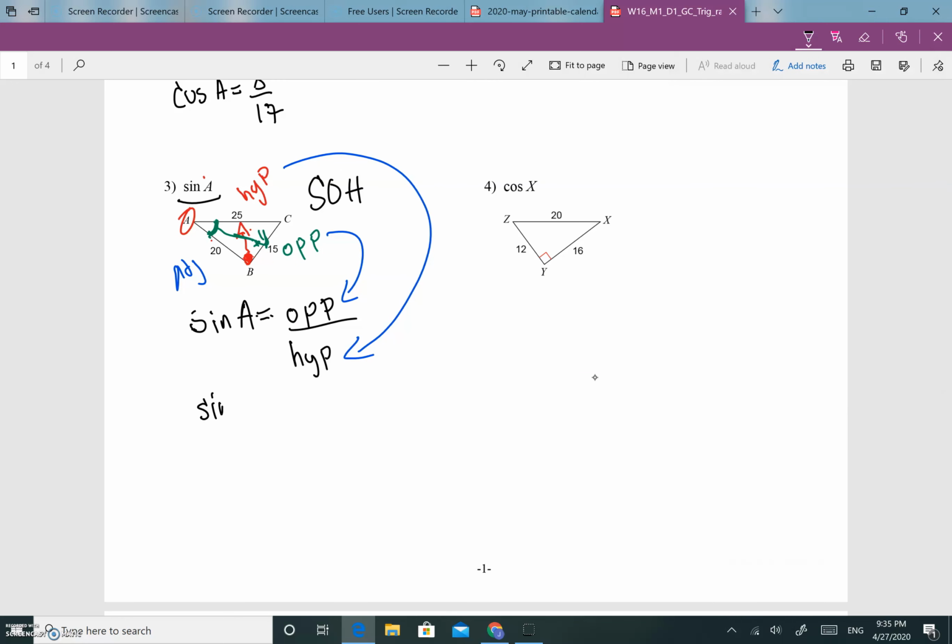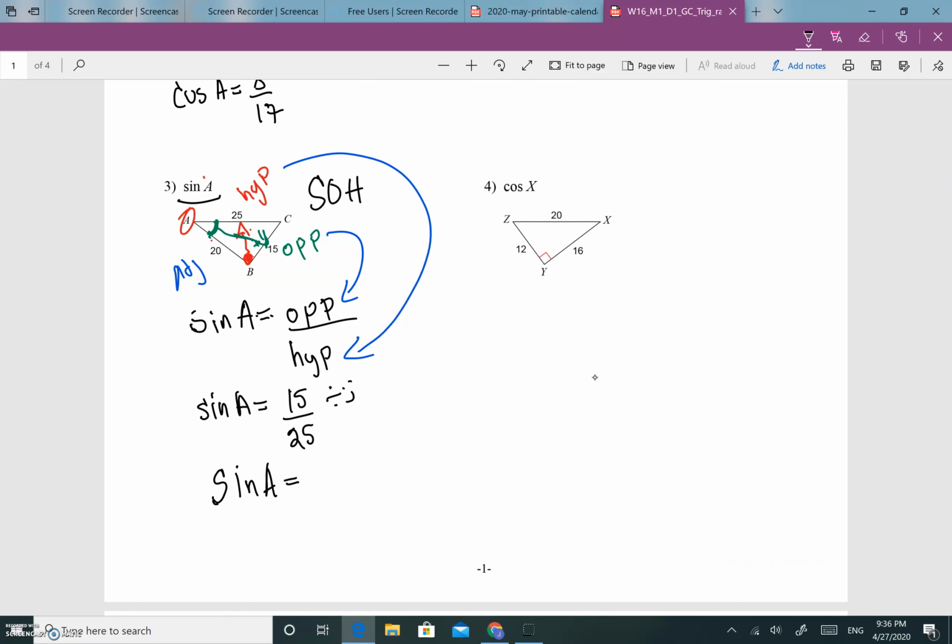This is going to be sine of A is equal to 15 over 25. Now notice that they're both divisible by 5, so I'm going to go ahead and simplify. Sine A is equal to, well, what's 15 divided by 5?